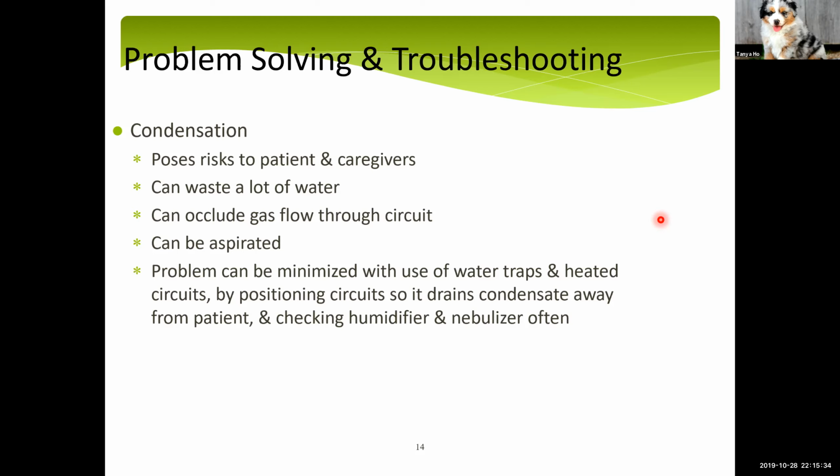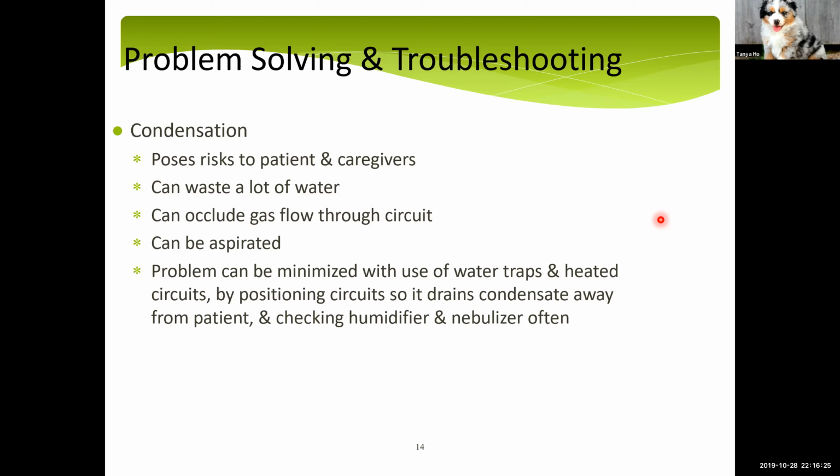The other thing we can do is add heated circuits. That's a big thing in respiratory care, we have a lot of heated circuits. There's a heated element, like I called it the hot plate, and the water in the humidifier is being heated, but the second that the gas leaves the humidifier, it starts cooling down.